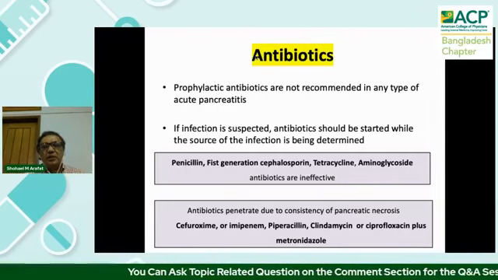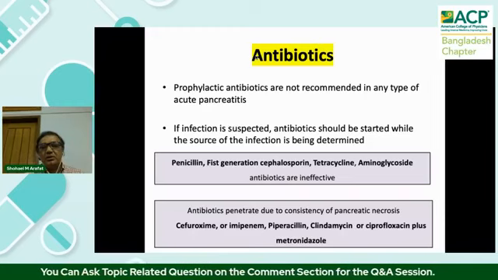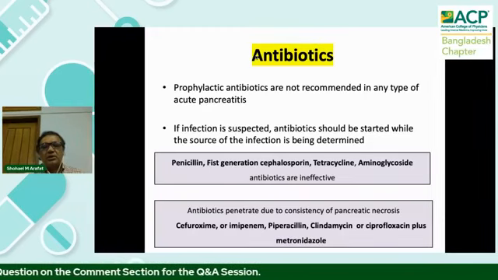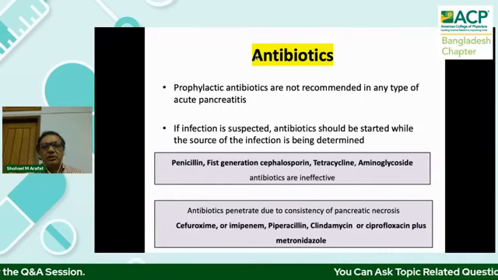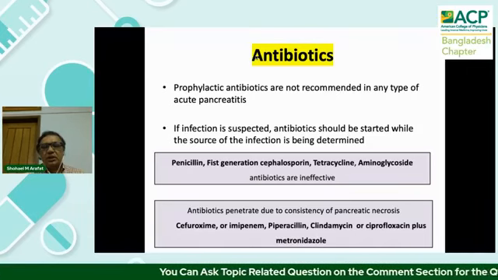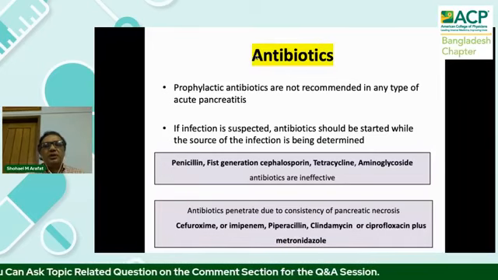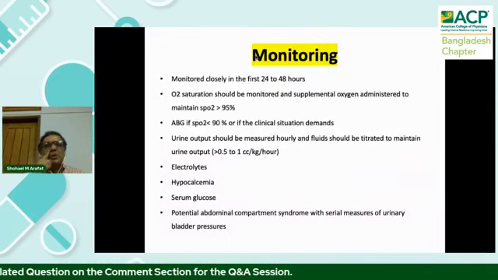Cefuroxime, imipenem, piperacillin, clindamycin, ciprofloxacin plus metronidazole. When we prescribe these groups in acute pancreatitis, we have to be cautious regarding when to start, when not to start, and which one to start. So these are a few points regarding antibiotics in treating acute pancreatitis patients.